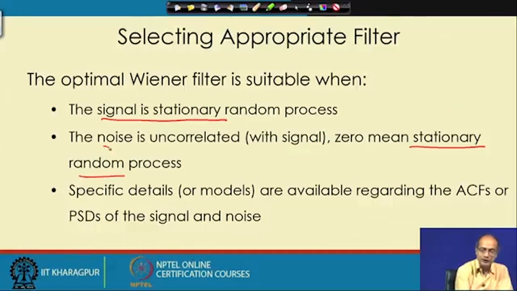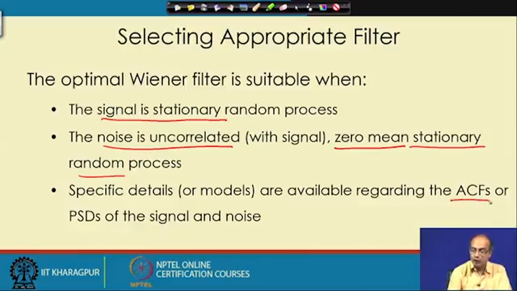The signal and the noise should be uncorrelated and the noise should be zero mean. So, these are the conditions we need to meet, and we also need some more information, some specific details of the autocorrelation function or the power spectral density of both the signal and the noise.